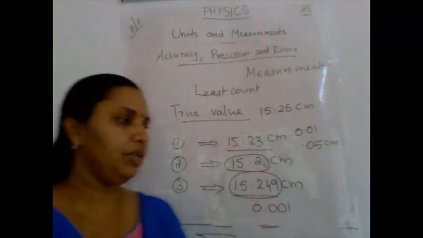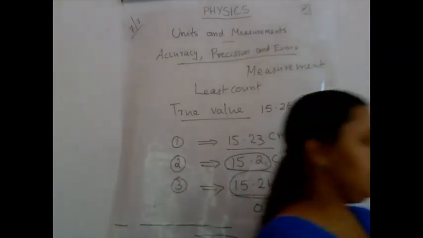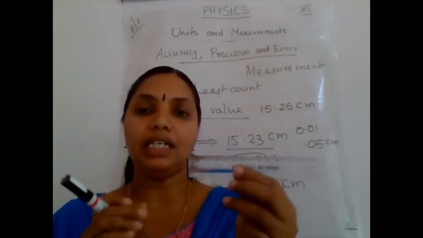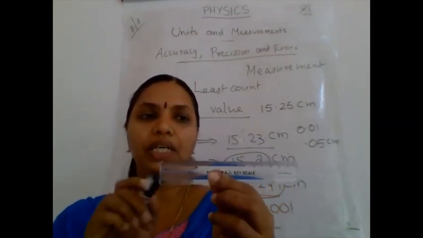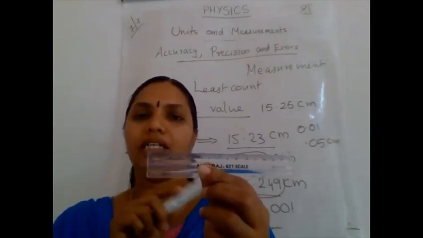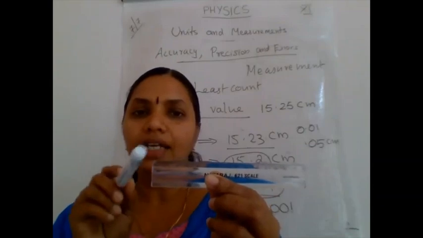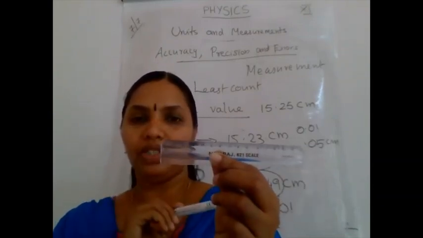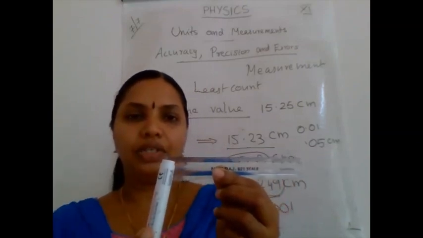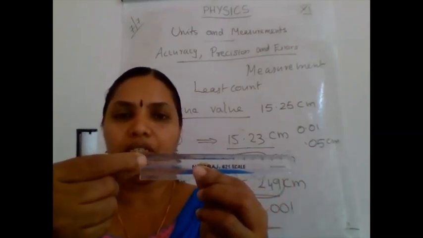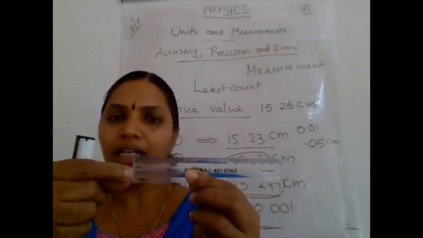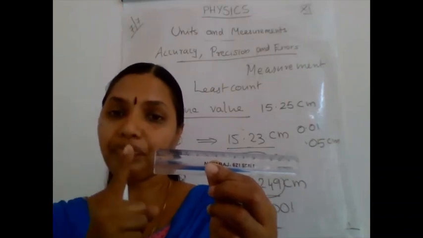So in your scale, this centimeter scale, what is the least measurement you can do? Here from 0 to 1, that is 1 centimeter. In between you can see small divisions. Near the 0 line you can see a small line, then comes a big line, which we take as 1 millimeter.